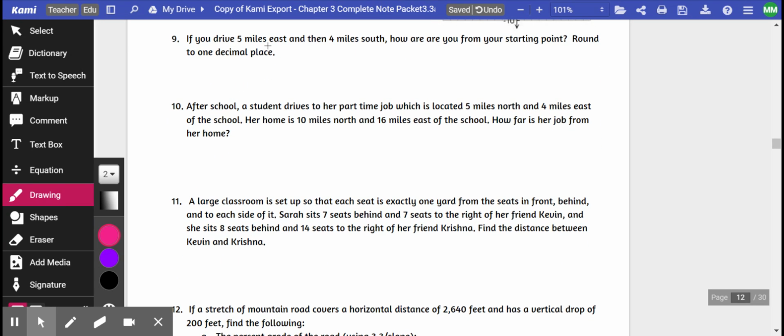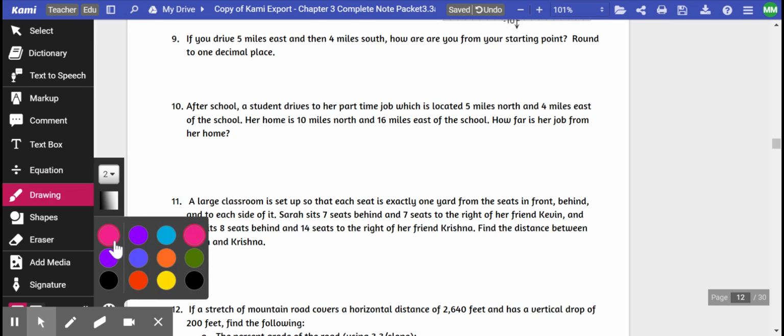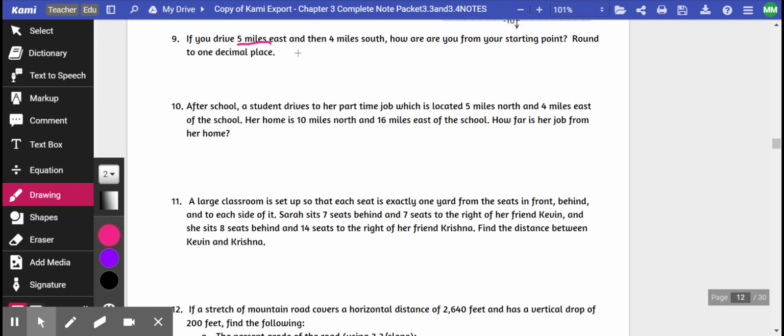It says, if you drive 5 miles east, so let's go ahead and show that. 5 miles east, so you'll be going in this direction, and then drove 4 miles south. So this one is 5, this one is 4. How far are you from your starting point? Round to the nearest decimal place. So we want to know how far we are from the original place.